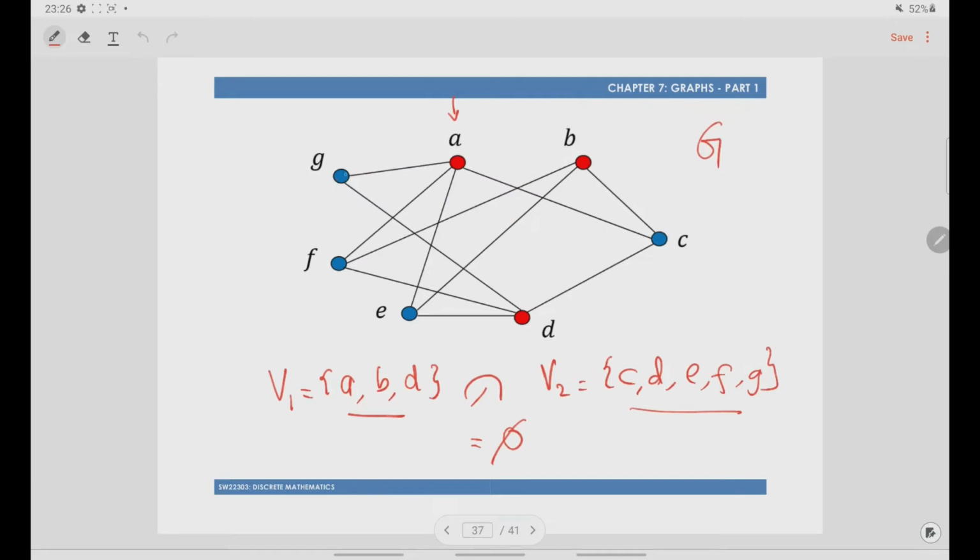As you can see, G is connected to red, F is connected to red, E is connected to red. Okay, same goes with B. B is connected to blue. Only blue to red, blue to red, blue to red, and also red to blue, red to blue, red to blue.